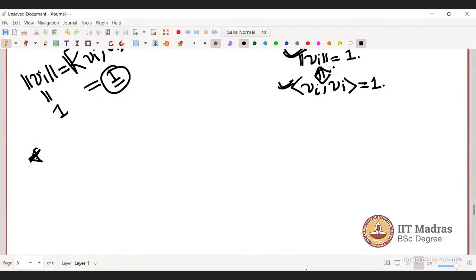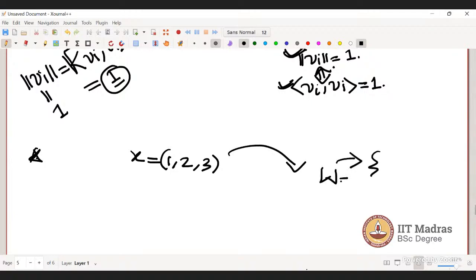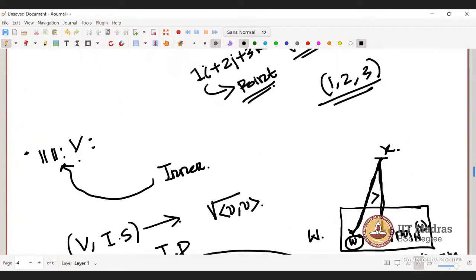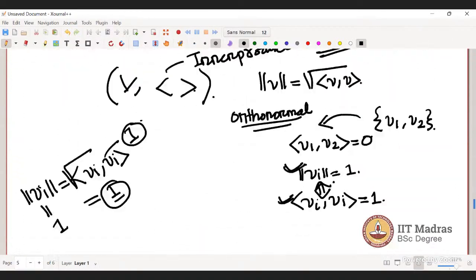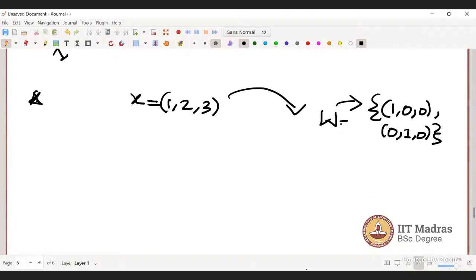I want to project this vector (1, 2, 3) on W, and a basis of W I guess is (1, 0, 0), (0, 1, 0). This is basically the XY plane. The span of this set will give you the XY plane, and W is the XY plane.